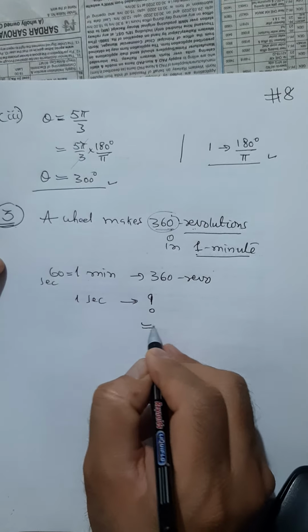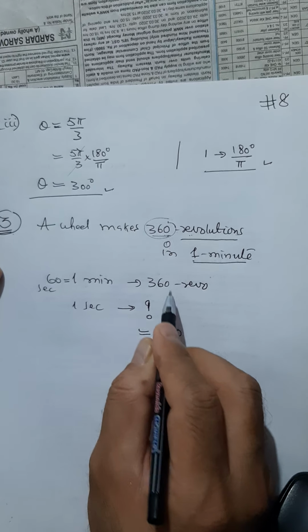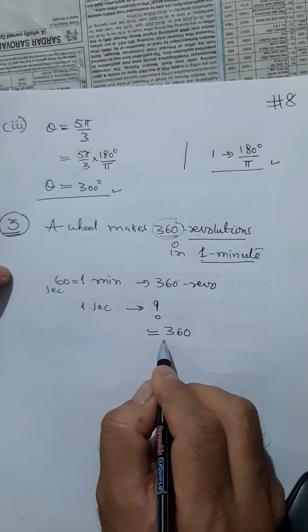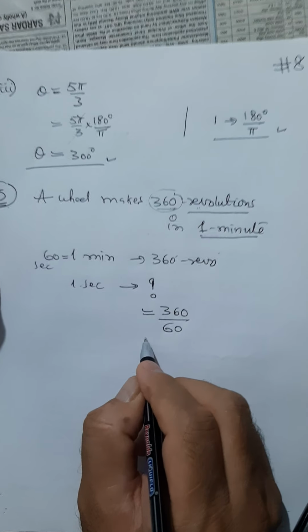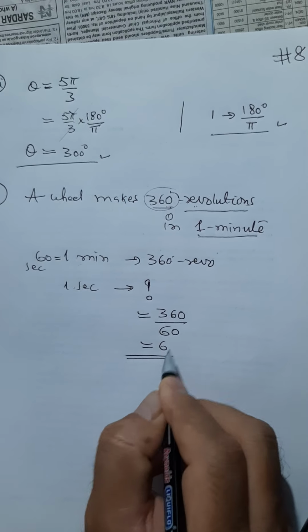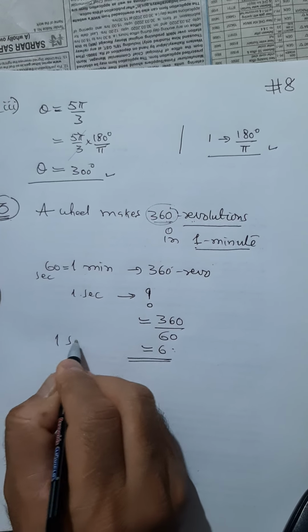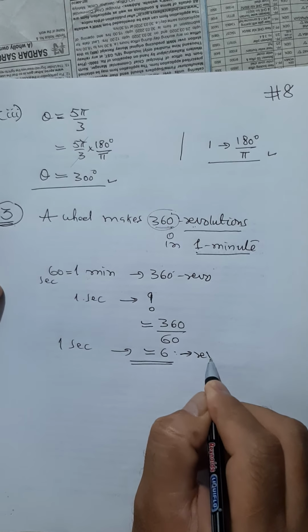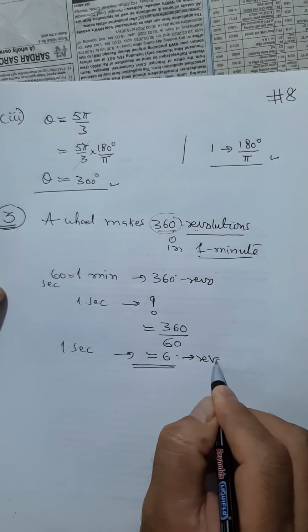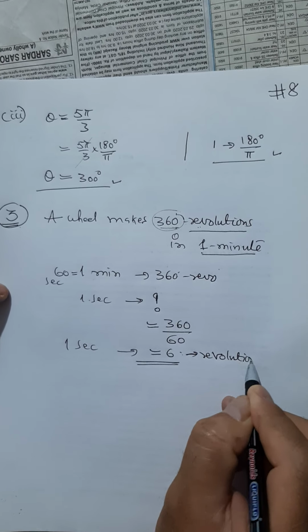So number of revolutions equals 360 into 1 by 60, you know, triple ratio. So this is 6. So in 1 second, 6 revolutions.